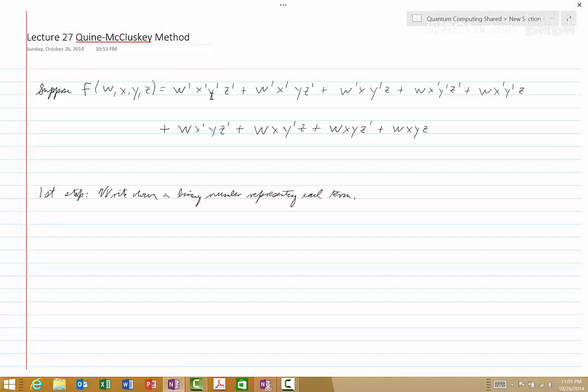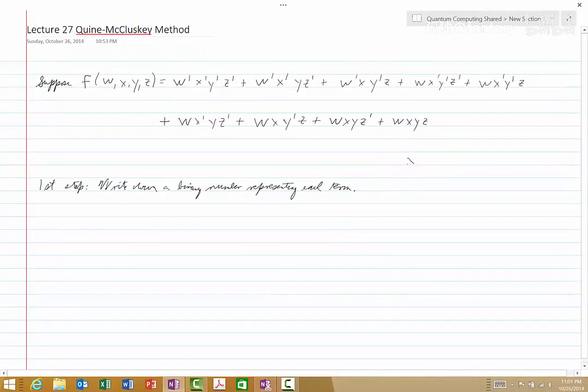For instance, as a quick example, suppose that the first term had been x prime y prime z prime instead of w prime x prime y prime z prime.